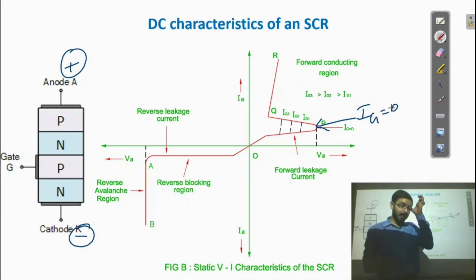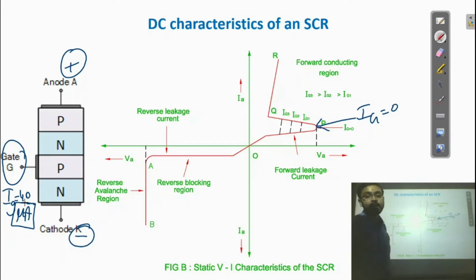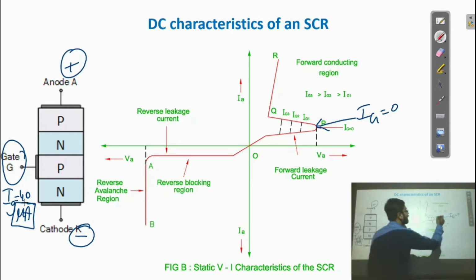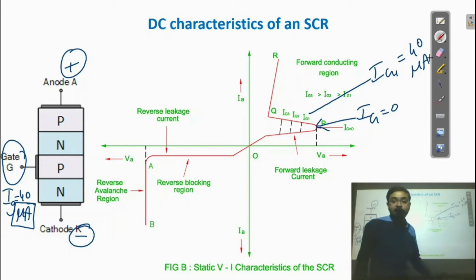But if I provide a small amount of current Ig, let us say 40 microampere, that is, let us assume Ig1 equals 40 microampere, then what happens?